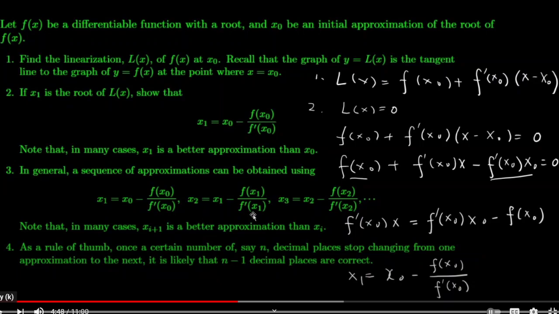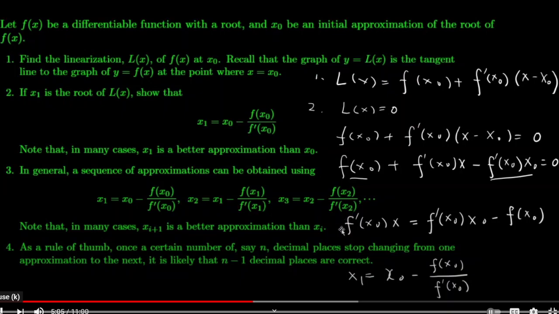By the way, it's not always better, but in most cases it is. If the function is nice enough in some sense, getting x2, we can get an even better approximation using the same formula. Eventually, we can get an approximation at a required accuracy.